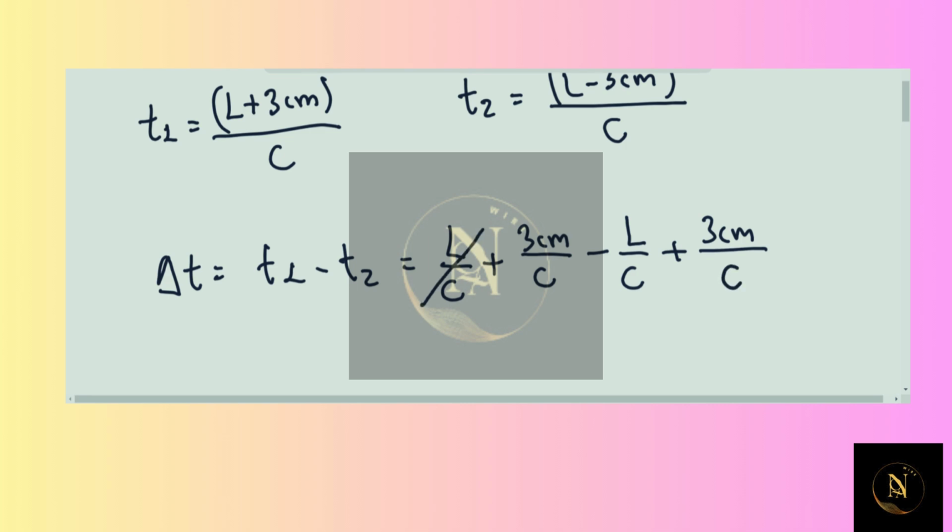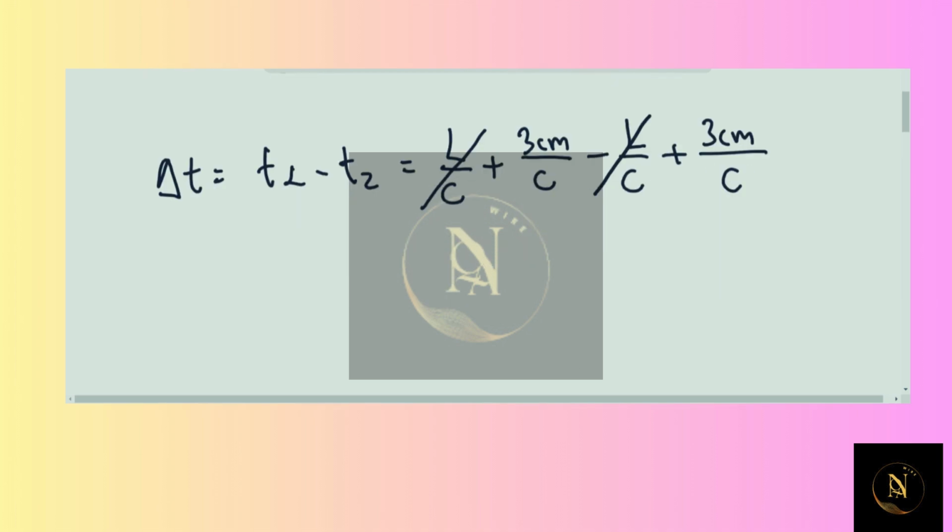As we can see, the terms related with the distance L cancel each other, and we will have that this interval of time is equal to 2 times 3 centimeters over the speed of light. Now, we just simply need to plug in these values.